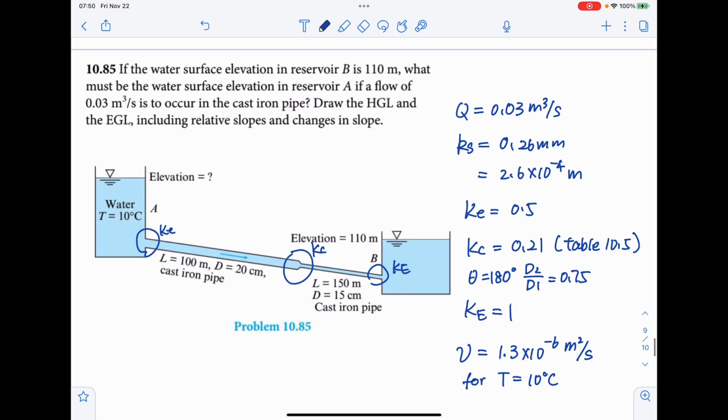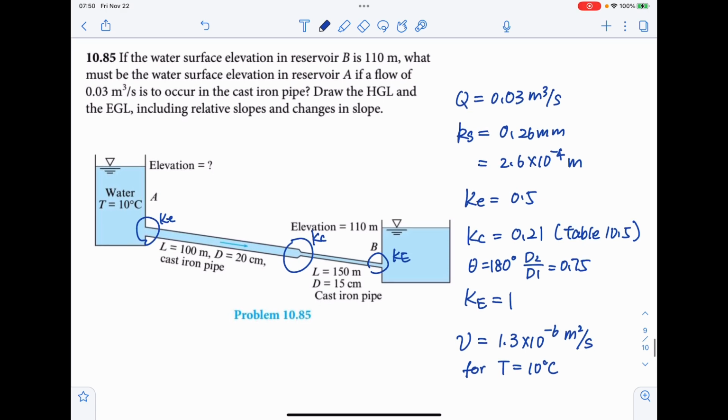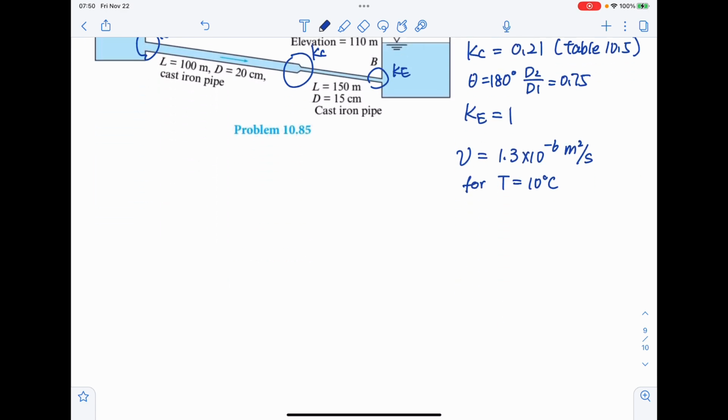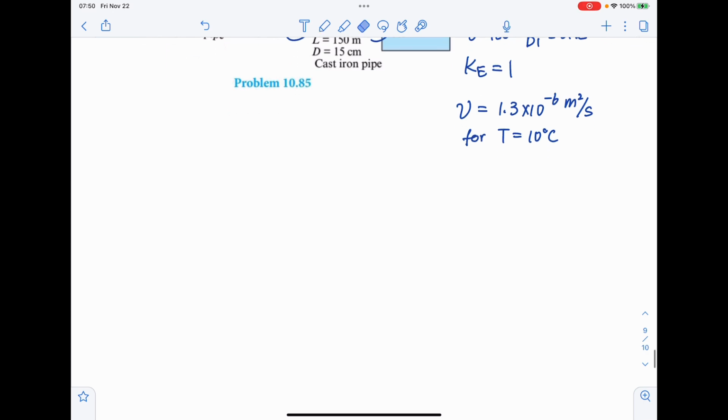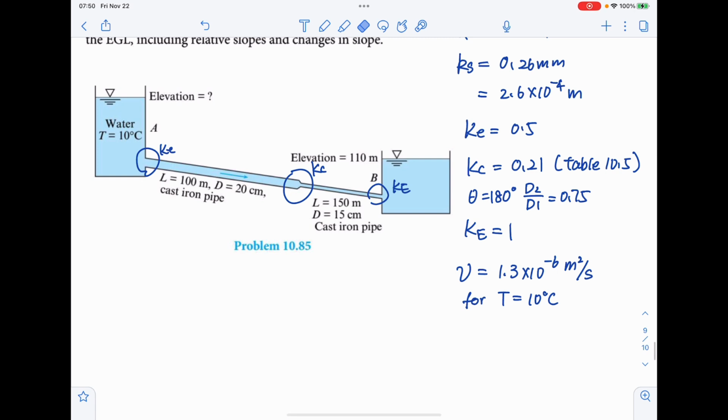So this is the information we have. We're gonna do a similar thing as the last problem, which is write down the energy equation for point 1 here and point 2 here. Okay.